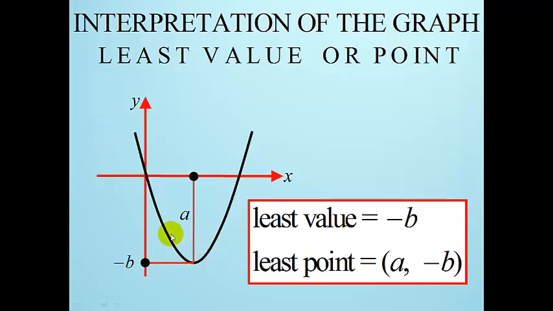From the minimum curve, the least value is -b. But the least point is (a, -b), because with every point we have the x coordinate and the y coordinate. So if you look at this particular point, that is the least point. The least value will be -b, but the least point will be (a, -b).